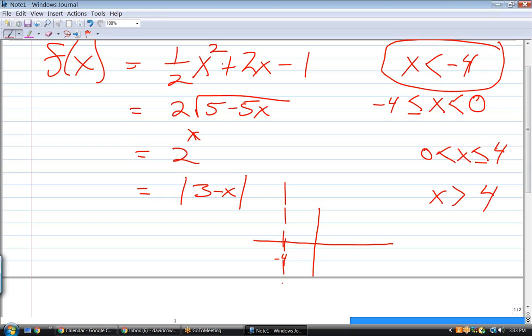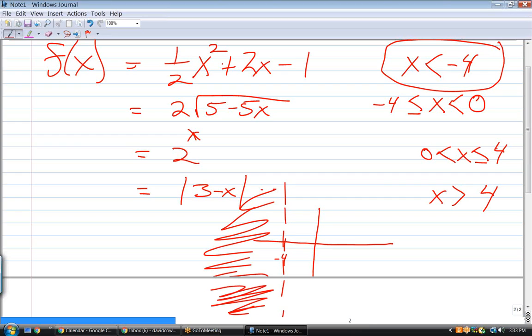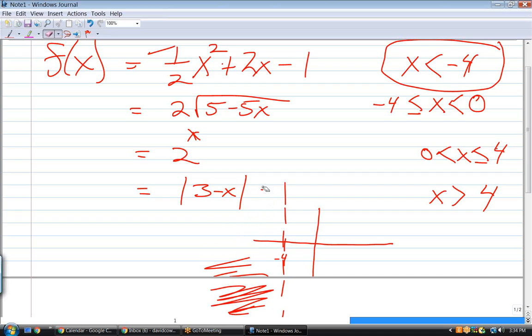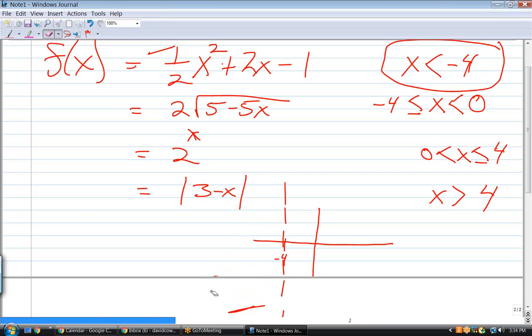In other words, in this entire space from -infinity to -4, I'm going to plot this function. From -4 to 0, I'm going to plot this second function. From 0 to 4, I'm going to plot the third function. And from x greater than 4, I'm going to plot the fourth function. Okay? So we have a fair idea of what those functions look like.